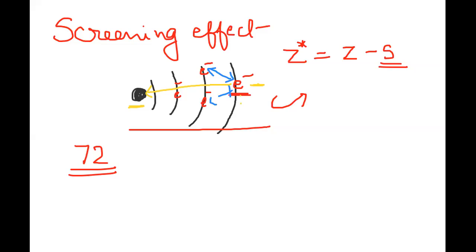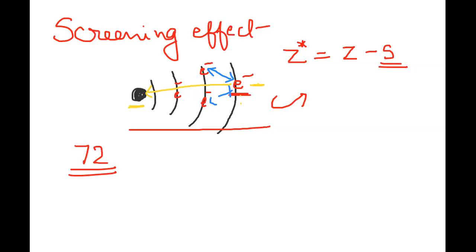Due to the poor shielding effect of the filled F orbitals, the shielding effect is less effective. The shell is pulled inwards more than would be expected, and therefore the ionization potential values are slightly out of order. You can say it is an exception to the general trend.